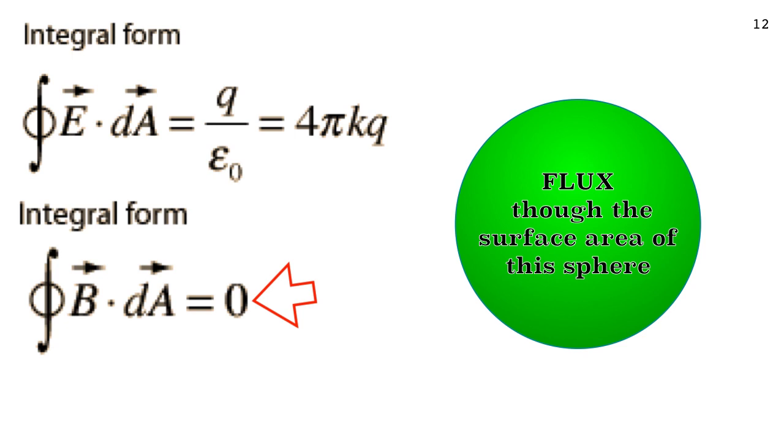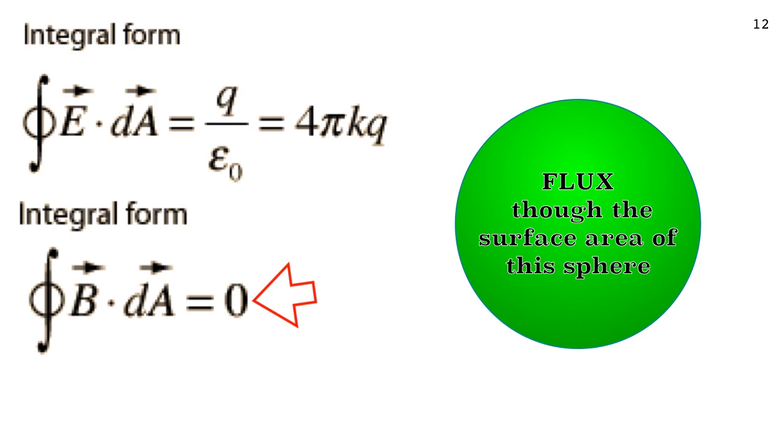We got a flux for magnetism, we got flux for electricity. But for magnetism, we don't have any source charges. What's the source of the magnetic field? Moving charge. So we don't have a moving charge. This is kind of a static law, both of those.